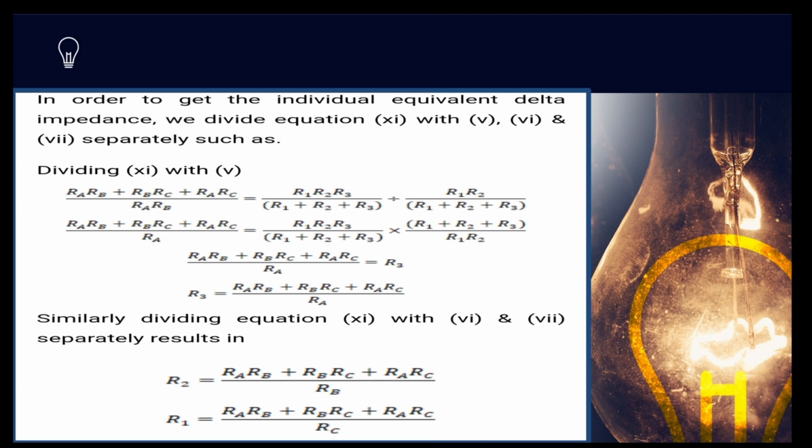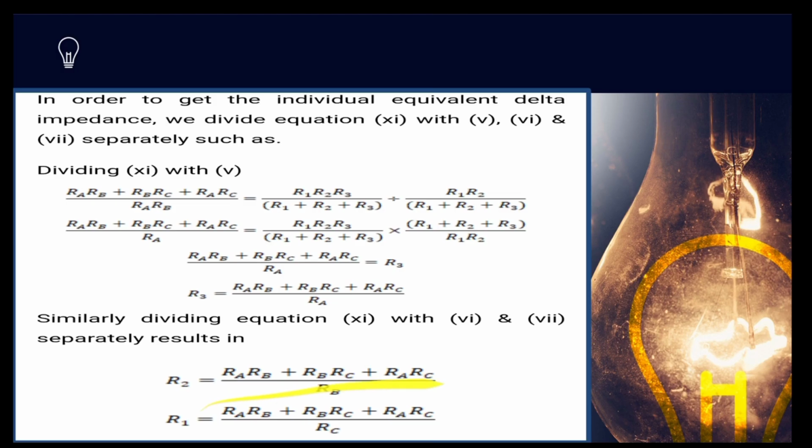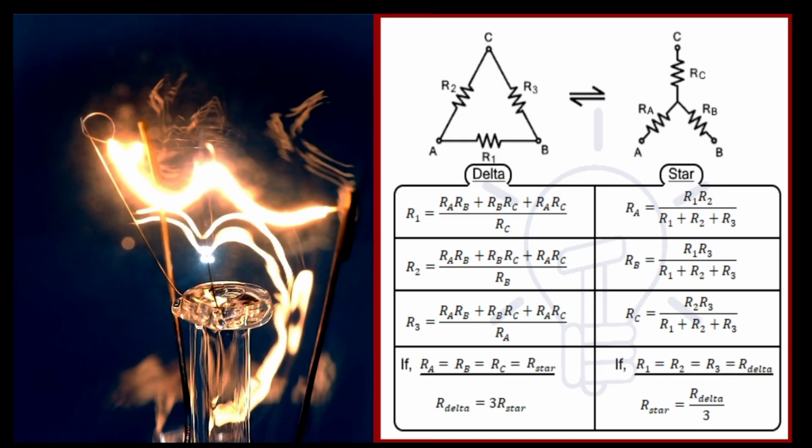Which is nothing but deriving star values in terms of delta values: R1 is equal to RA RB plus RB RC plus RA RC by RA, R2 is equal to RA RB plus RB RC plus RA RC by RB, R3 equal to RA RB plus RB RC plus RA RC by RC. These are the three equations which convert delta values into star values.